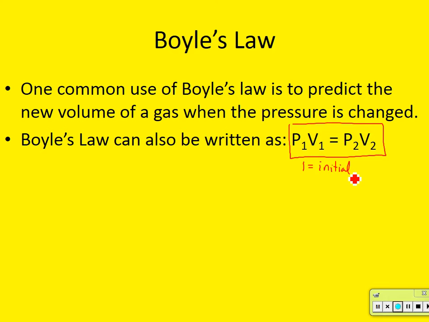So pressure initial times volume initial is equal to, what does a 2 mean? 2 means final. Please make these notes in your books. P2 is what the pressure is final, and V2 is what the volume is final.